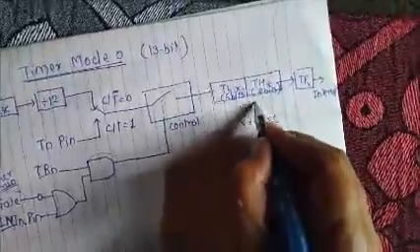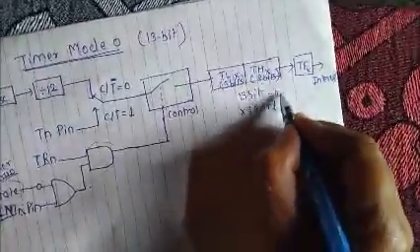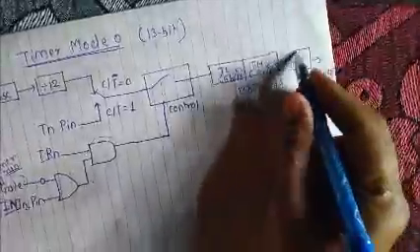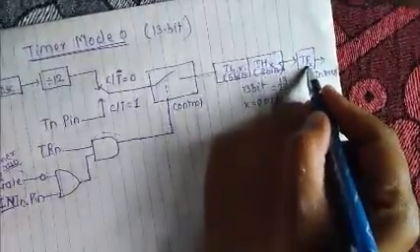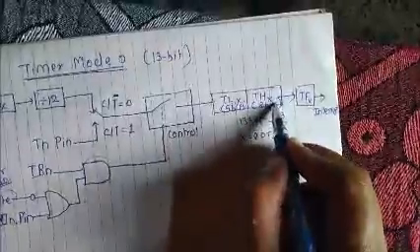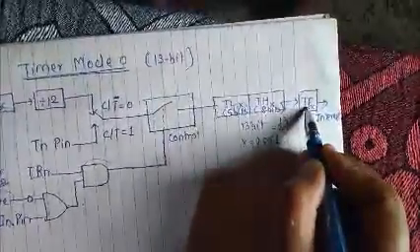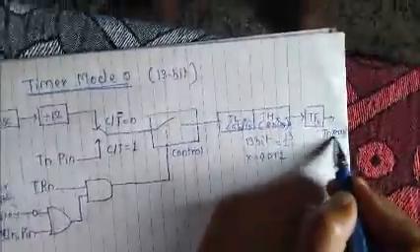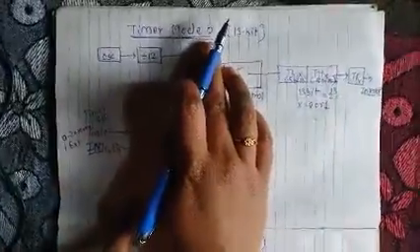So 8 plus 5 is a total of 13 bits. So the capacity is 2 raised to 13, and it is given by TF, which stands for timer overflow flag. When it overflows, it sets the flag TF0, which is given for the interrupt. So this is the whole diagram used for mode 0.